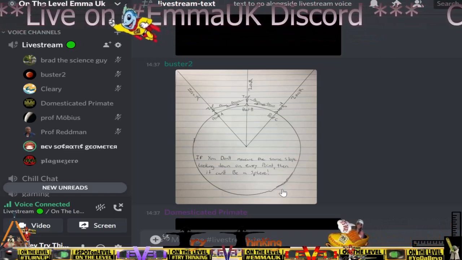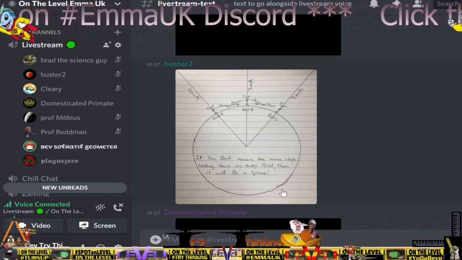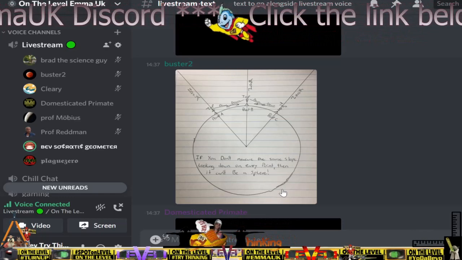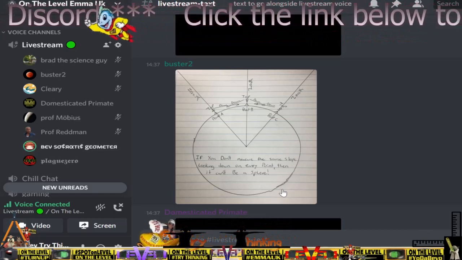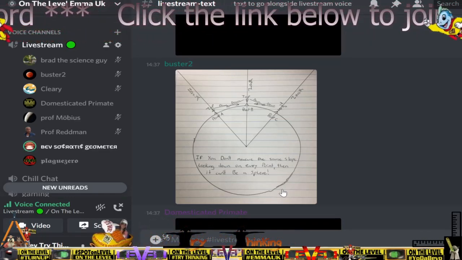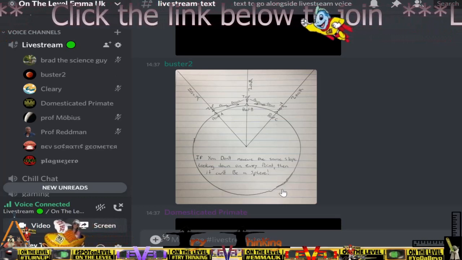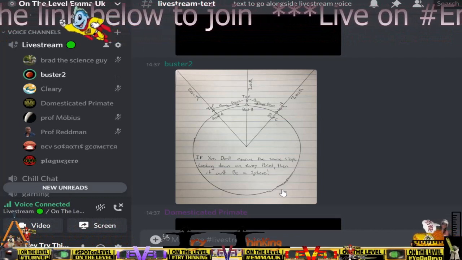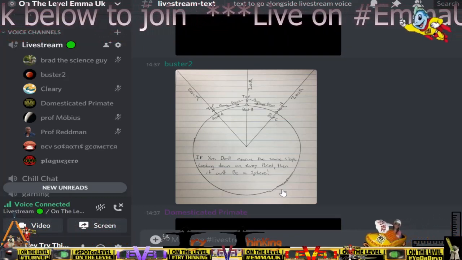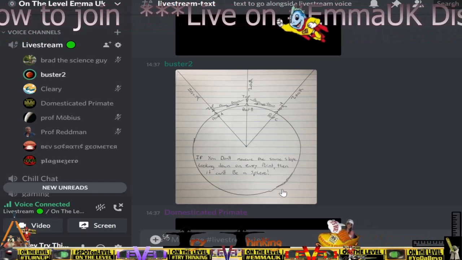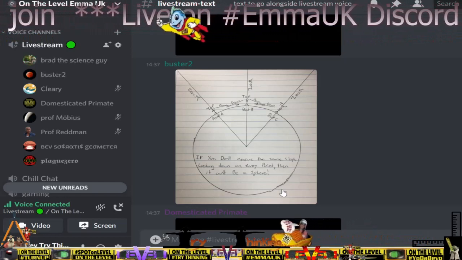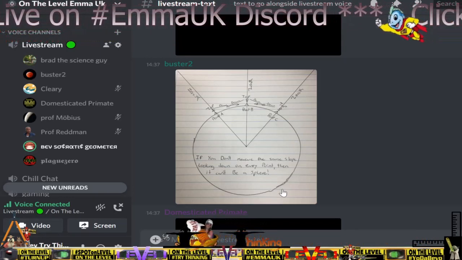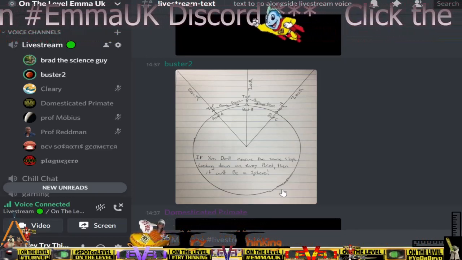But yeah, he's saying, look, if you don't measure the same slope looking down on every point, then it can't be a sphere. Well, you're horizontal, right? It's like we've said all along. So he's just doing the opposite of what they do with the perpendicular. He's just saying measuring down. Yeah, it's his way of saying about the intersecting horizontals that Brad has. Okay, yep.